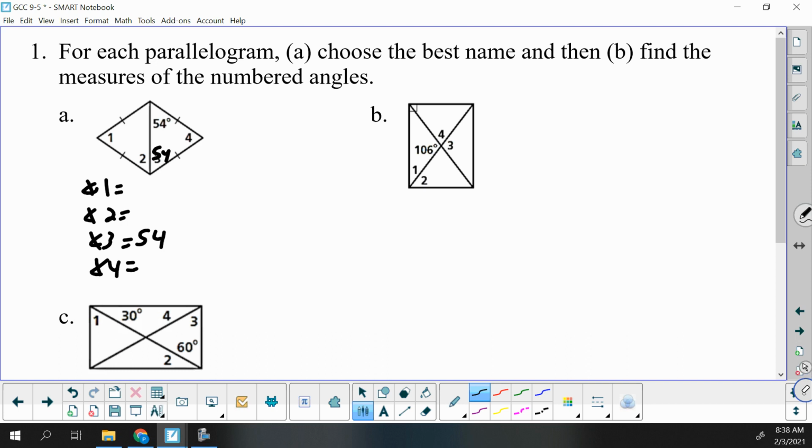Then we've got three angles in a triangle, two of them are 54. So we know 54 plus 54 plus x has to equal 180. Well, that's 108 plus x equals 180. And when you subtract it over, that's x equals 72. So we know angle 4 here has to be 72.